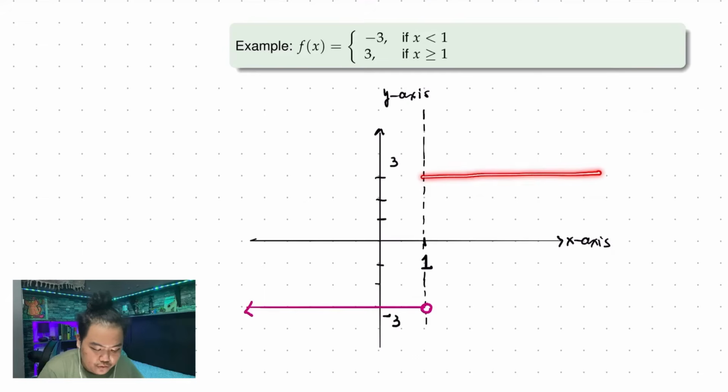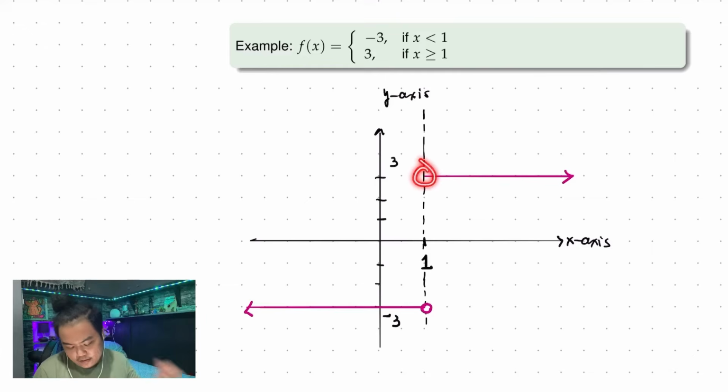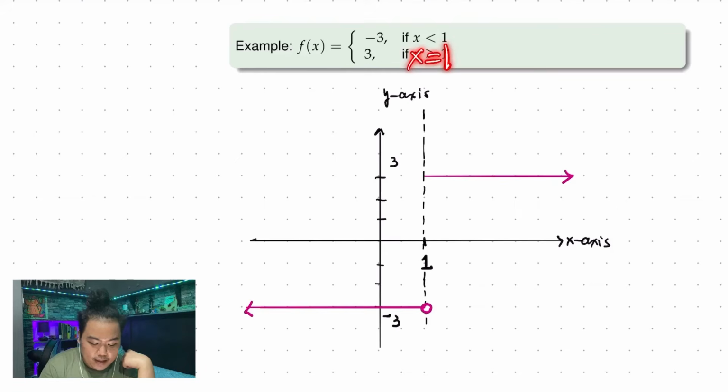So, ganun yung itsura. And dito, butas ba siya or not? Meron kang bar o may equality ka. So, ibig sabihin, when x is equal to 1, y is 3. So, meron kang point doon. So, ayan, pink yung graph niya.